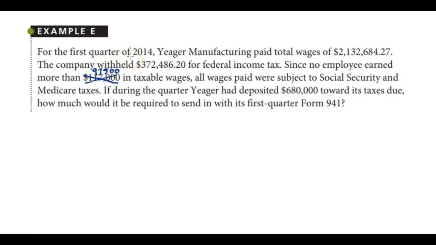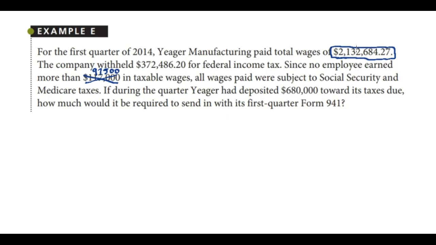Okay, so let's discuss this problem. We have $2,132,684.27 of total wages. Those are the total gross incomes. And as we remember, for Social Security and Medicare, we want to look at gross wages.